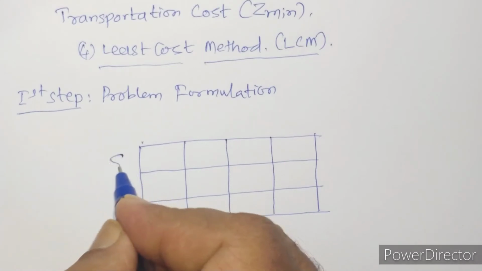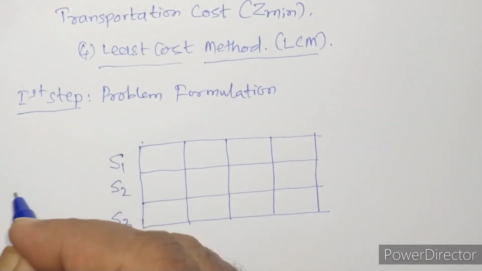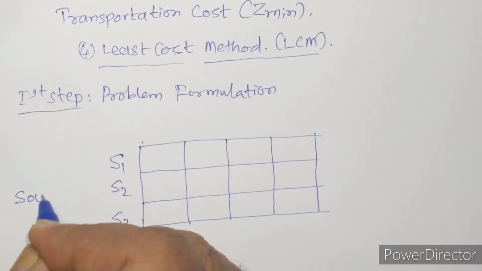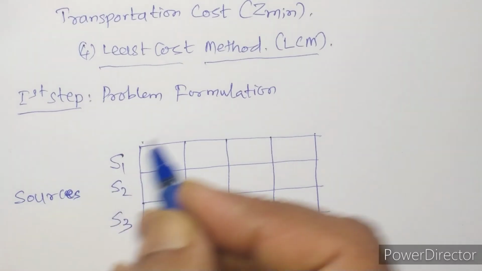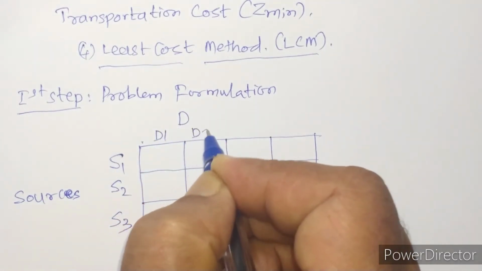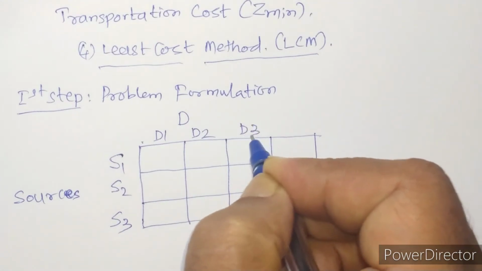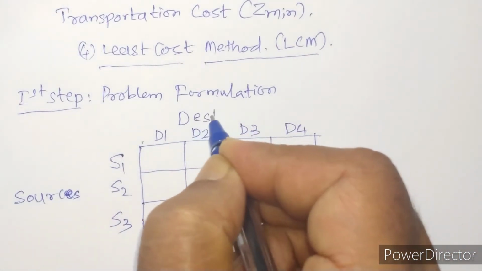So these S1, S2, S3, the rows, represent the sources of products, and the columns D1, D2, D3 and D4 represent the destinations.